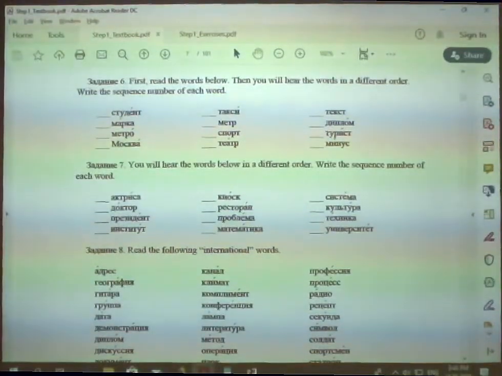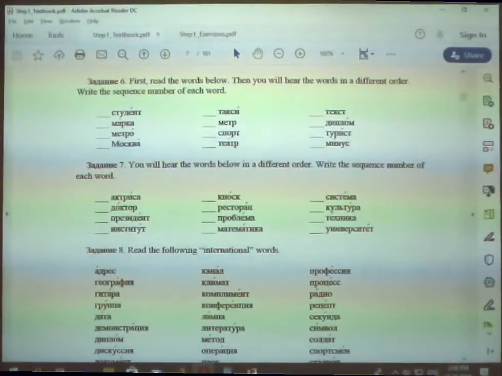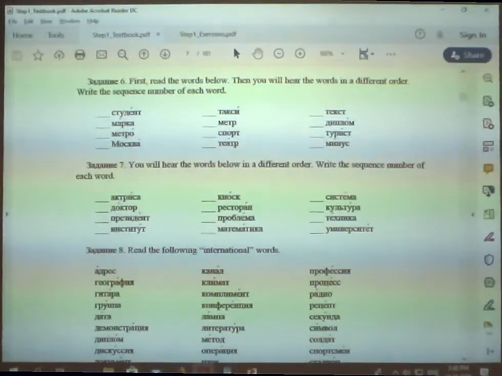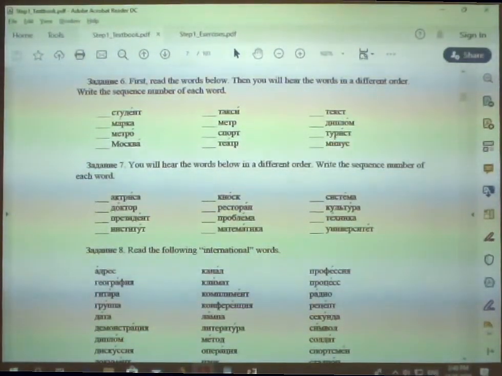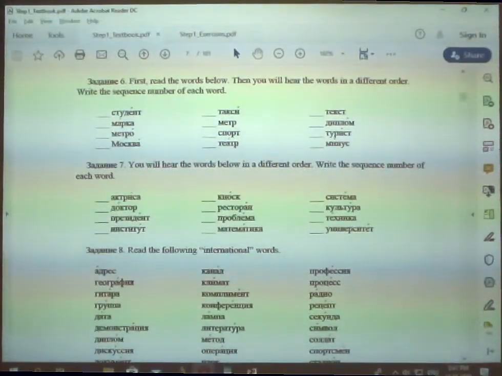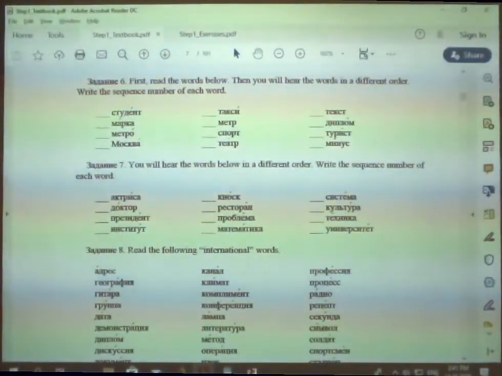And now you will hear the same words in a different order. I will tell you these words in a different order and find these words one by one that you hear and write the number 1, 2, 3, 4 and so on next to these words. So let's start. Метро. Такси. Спорт. Метр.